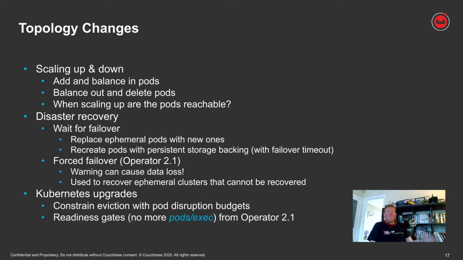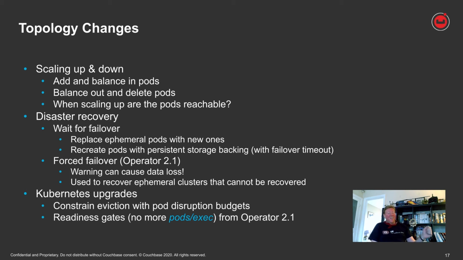So Kubernetes supports rolling upgrades of itself. What it does is it picks a node and then it goes, right, I'm going to evacuate all the pods off that. If there's a Couchbase pod, then the operator will go, oh, okay, there's a pod down. I'll wait for it to fail over. In the meantime, Kubernetes is upgrading that node and it'll bring it back online. Now, there's no constraints there, so Kubernetes can come around to another node, kill that off, and it might have another Couchbase pod on it from the same cluster.